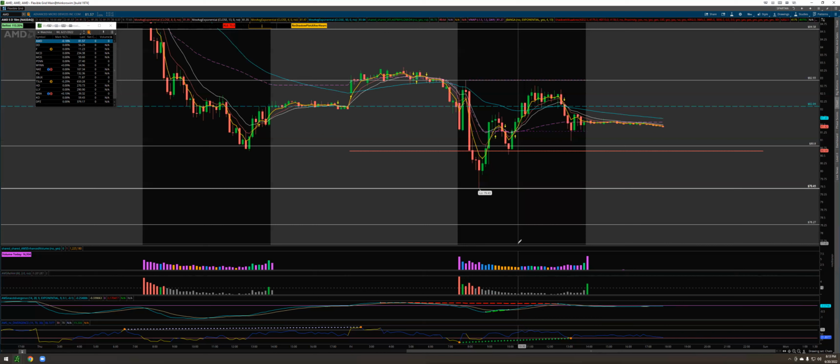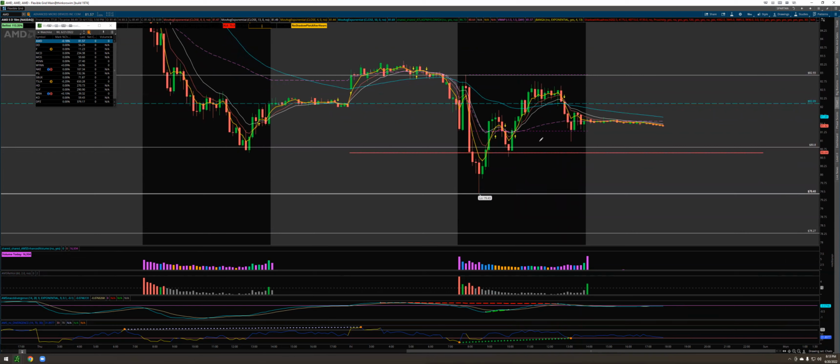Alfonso, you have a question in chat. Yeah. How do I determine it? Again, I plot my levels in the daily and the hourly, and I look for the nearest level that I have. I have this one here and this one here, right?